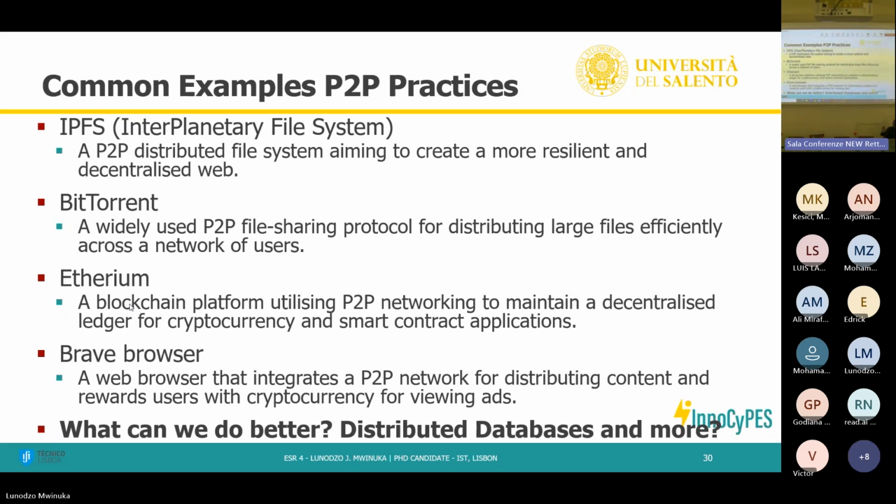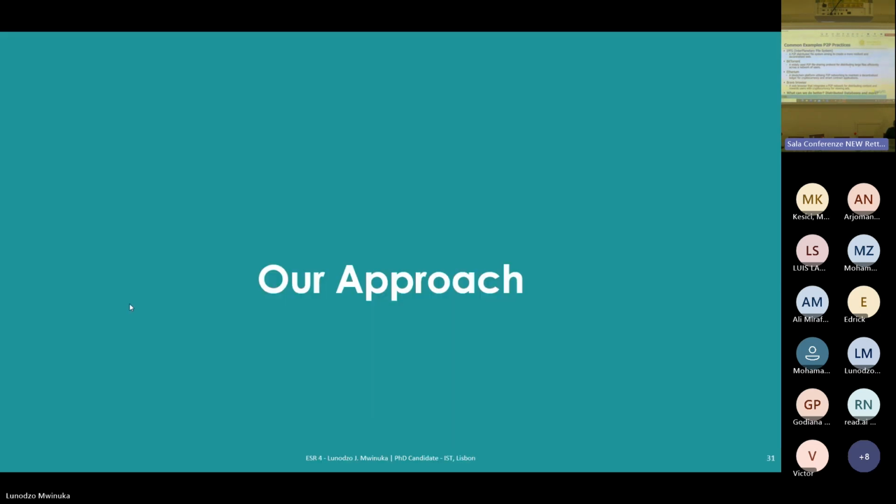Like there is huge use of peer-to-peer systems in cryptocurrencies. There is also IPFS, which stores files in a peer-to-peer system, and so many other approaches. But the question is, how can we benefit from these peer-to-peer capabilities? Should we implement the database management system on top of a peer-to-peer system? Then yeah, if there is a possibility, why not? Now, this drives us to our approach, what we are doing.